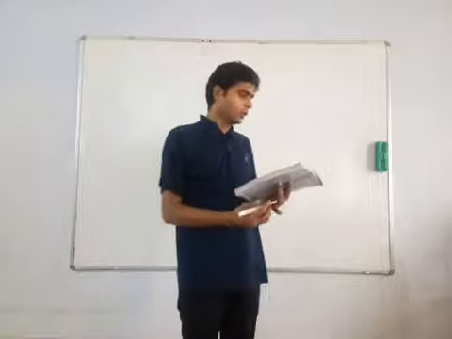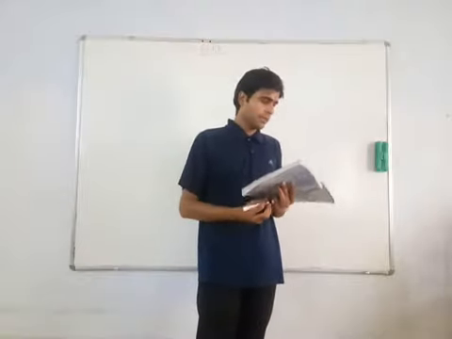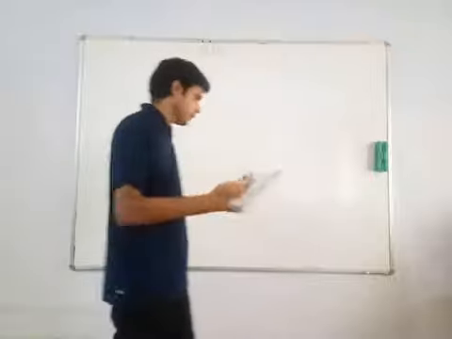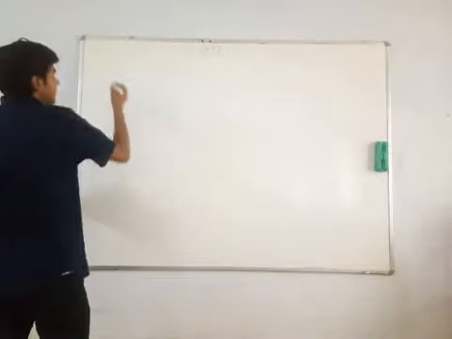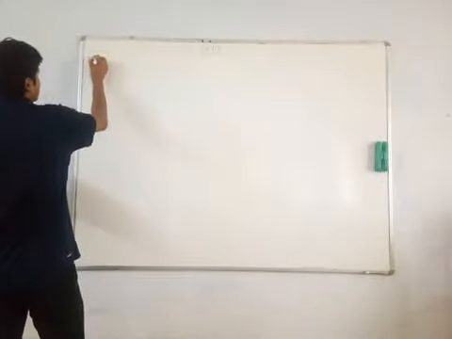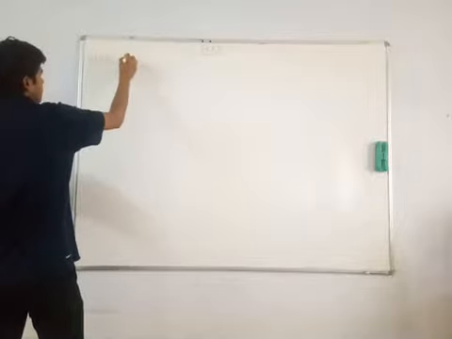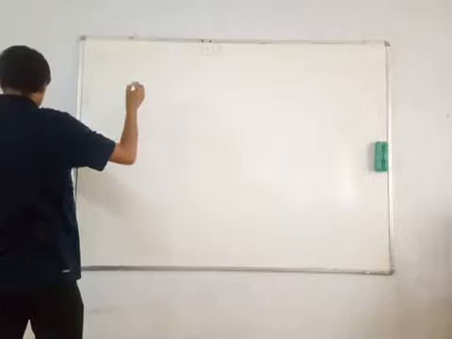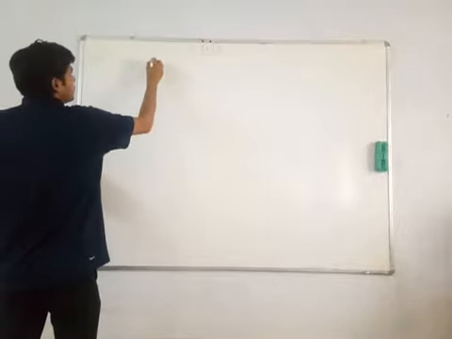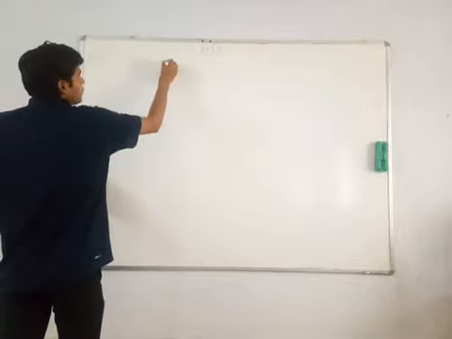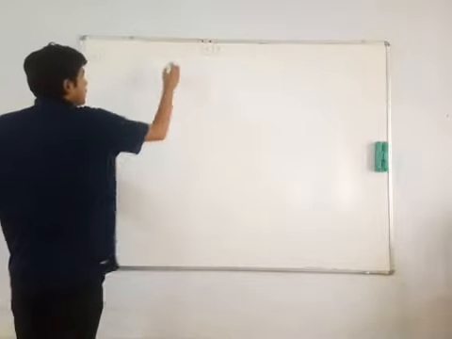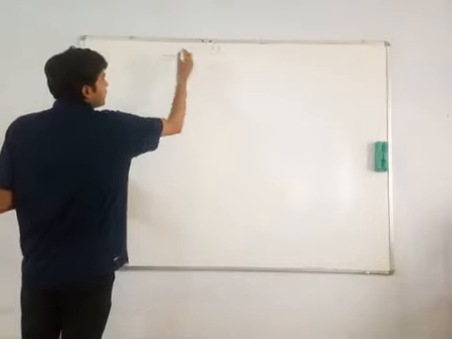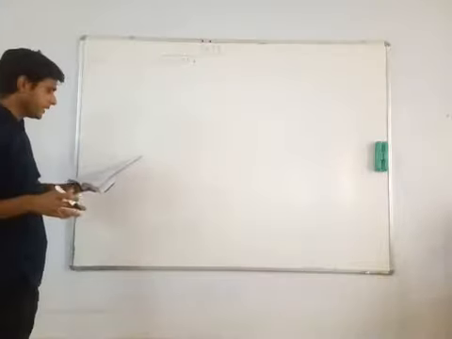Second question, you know that 1 upon 7 is equal to 0.142857. Solution 2. Given 1 upon 7 equal to 0.142857 bar, meaning this value repeats again and again.